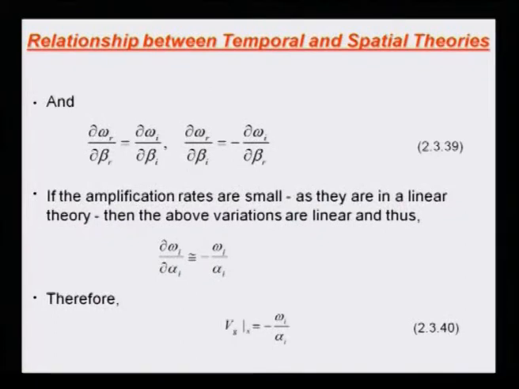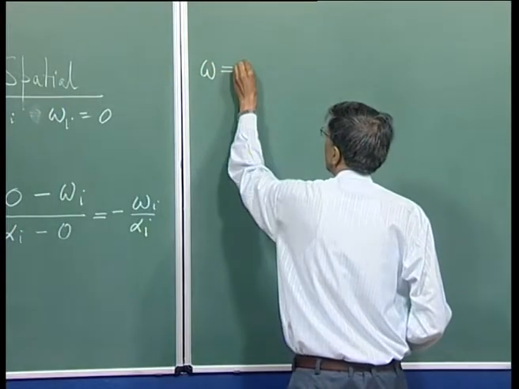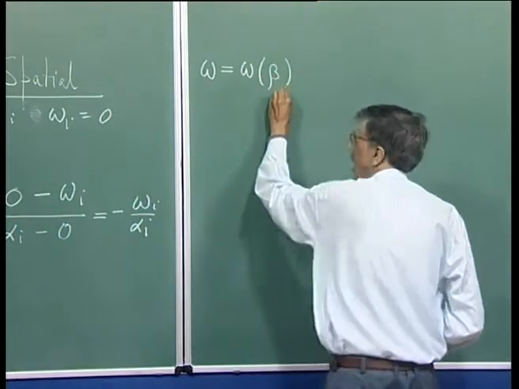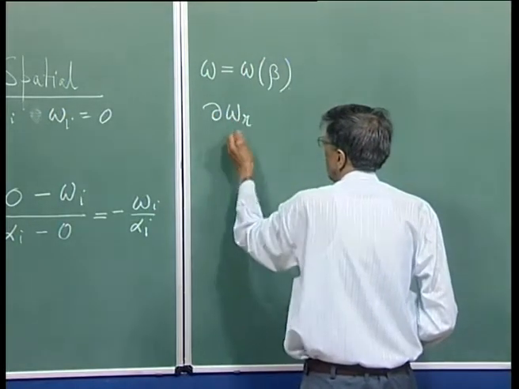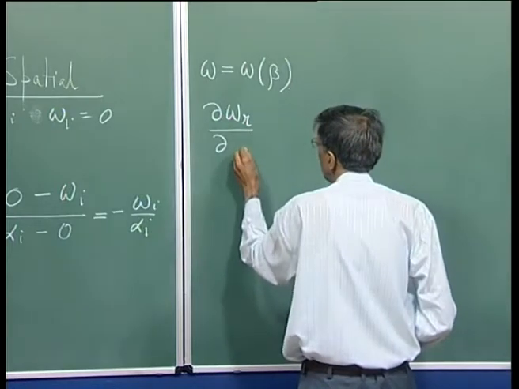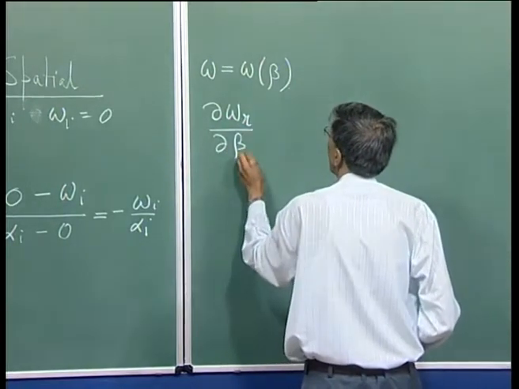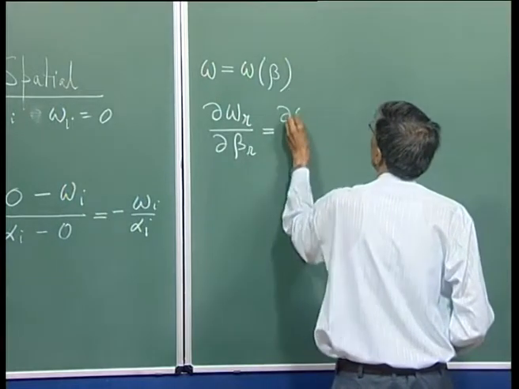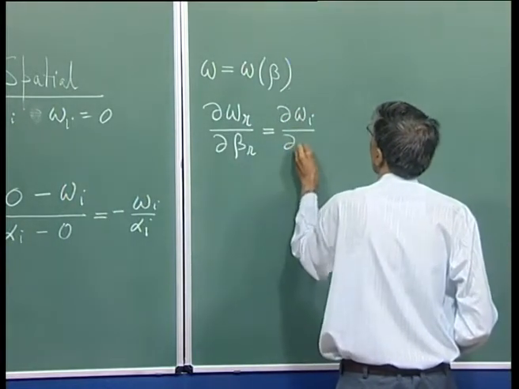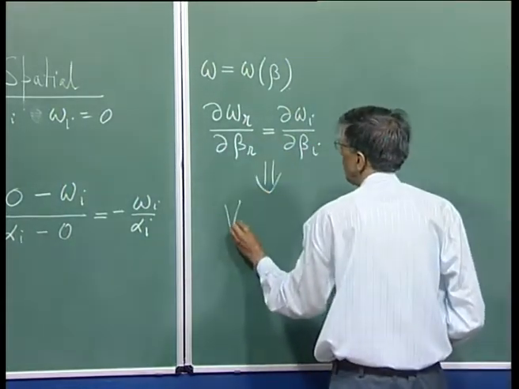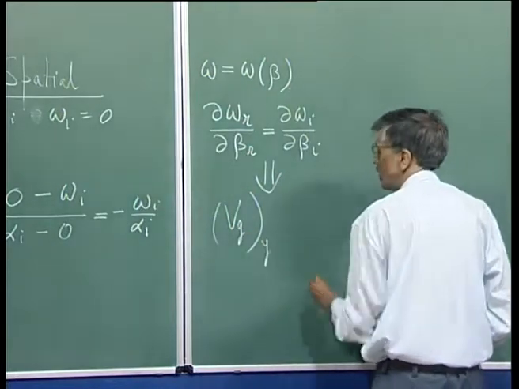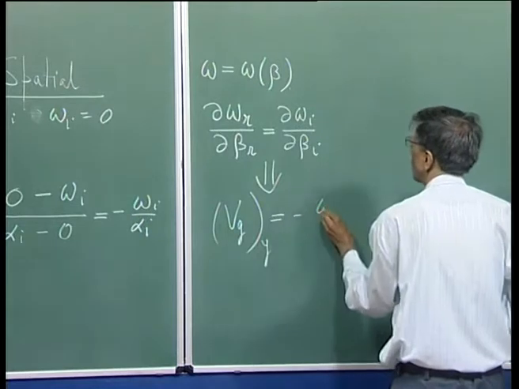What about V g y? V g y, you can do the same exercise. Now, instead of writing omega as a function of alpha, you write it as a function of beta, and once again the first of the CR relation, the Cauchy-Riemann relation, would be given by this, and going by the same logic, this will give you the y component would be simply nothing but minus omega I by beta.